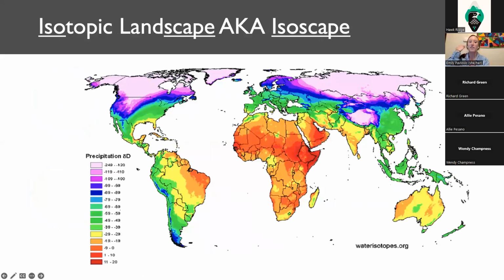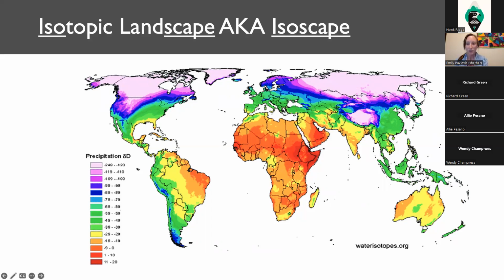So we can visualize these isotopes across a landscape because of the differences in their mass and things like environmental temperature, climate, and elevation. The ratio of these two isotopes changes throughout the environment.